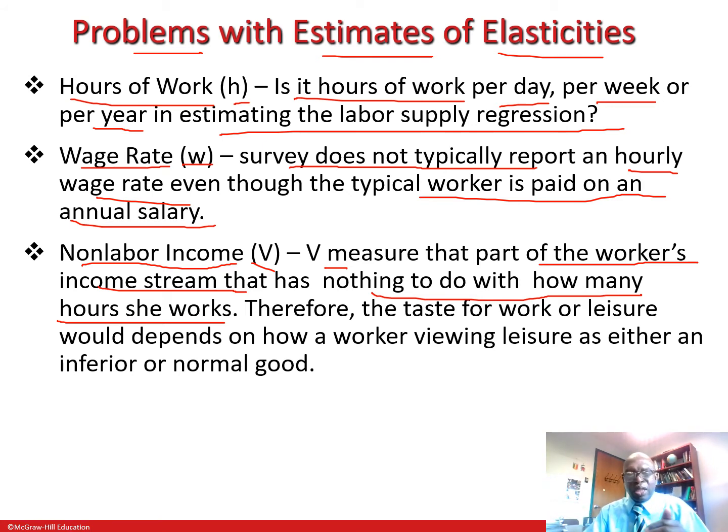That interest does not depend on your income. Therefore, the taste for work or leisure will depend on the worker's view of leisure as either an inferior or normal good.